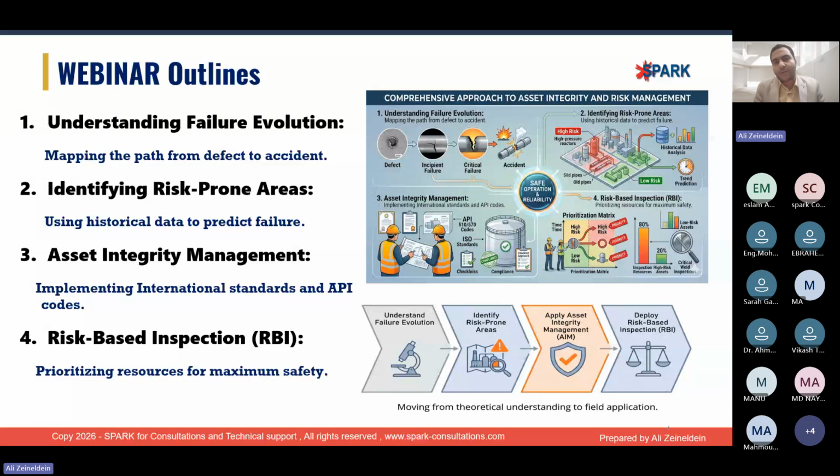Then we close our session with some tips on risk-based inspection: how to calculate risk and identify the high risk areas. So this is the first slide, which covers our outlines.